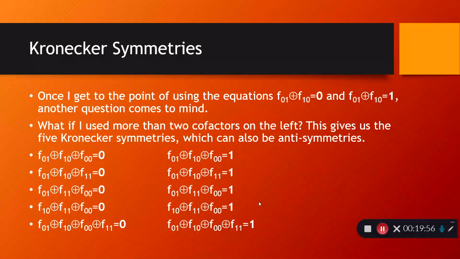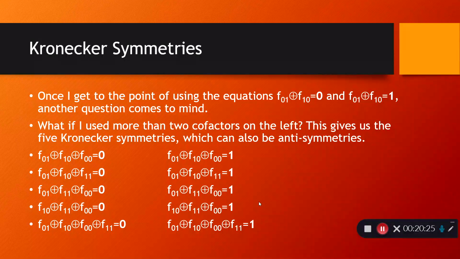Kronecker symmetries. We've gotten used to the idea that we're going to use these relations or equations, F sub 0, 1 XOR F1, 0. And I can do this with all 6 of my comparisons, not just the one that I've pictured here. And I can set it equal to the constant 1 function.